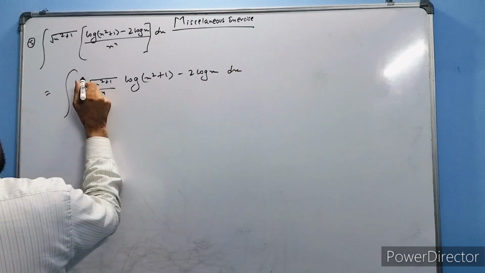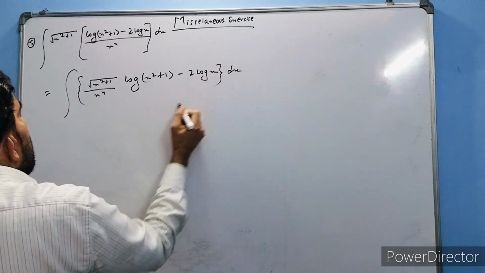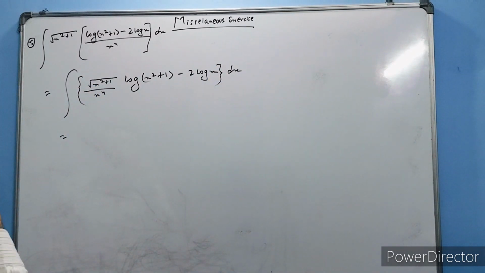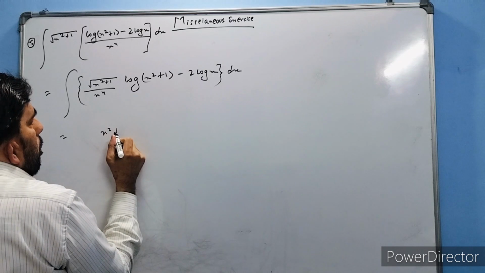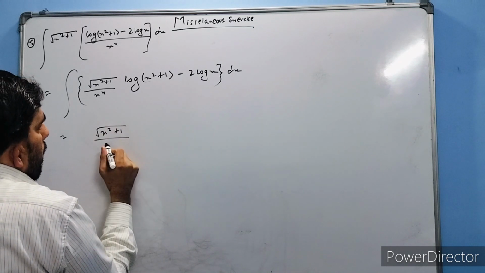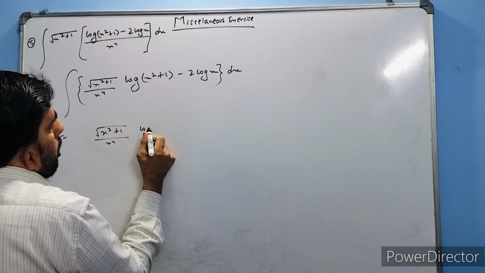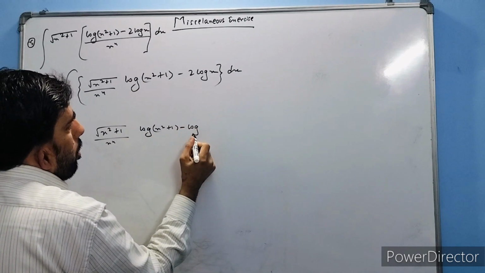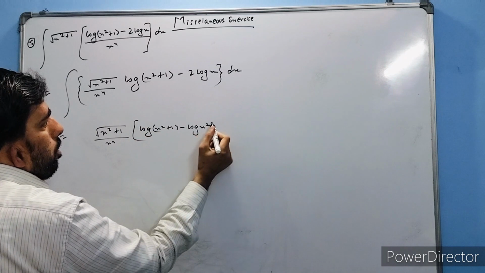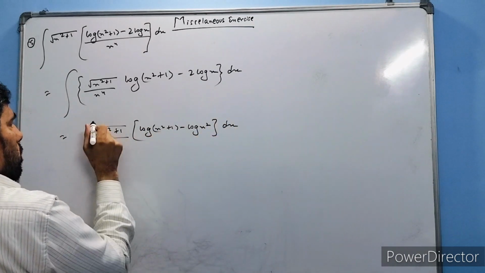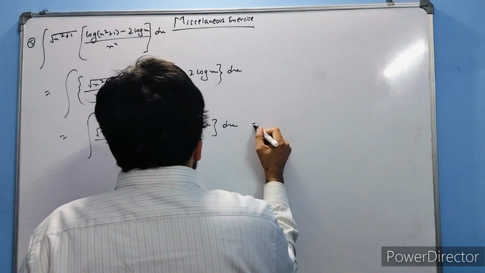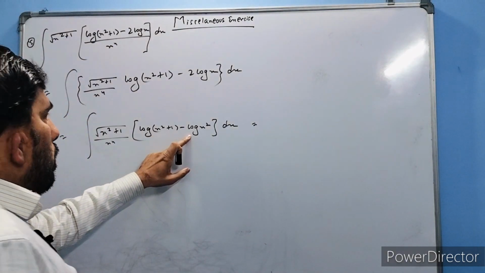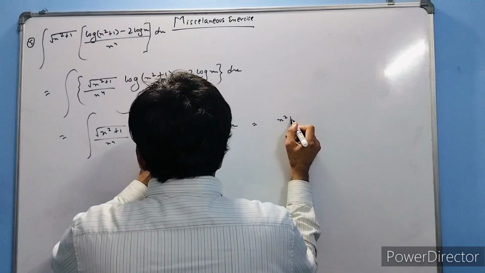We have this. So now my next step will be x4. Now we'll take log x square plus 1 minus log x square with respect to x. So now what will happen? Log a minus log b is log a upon b.